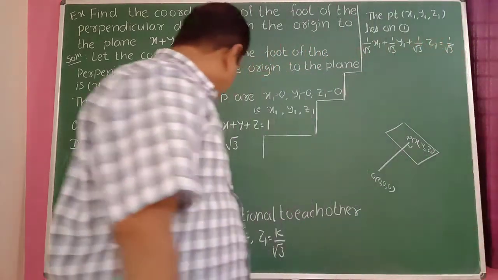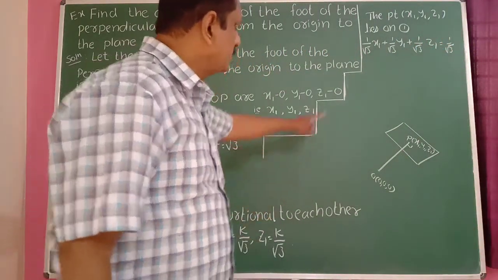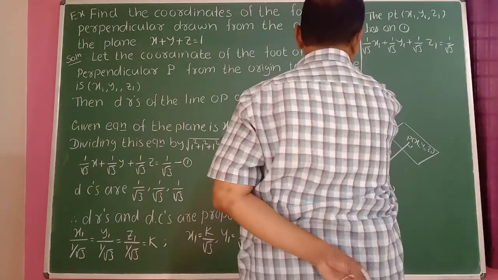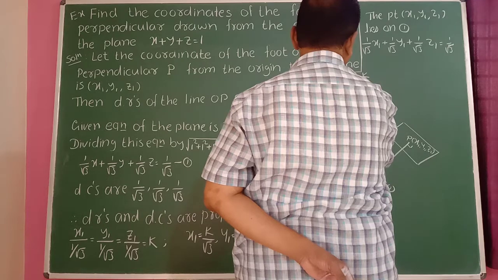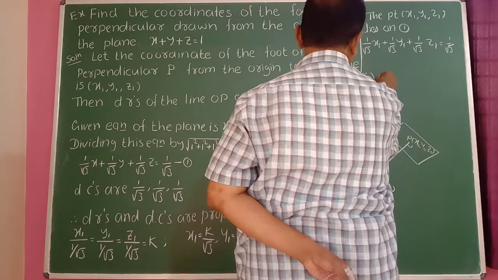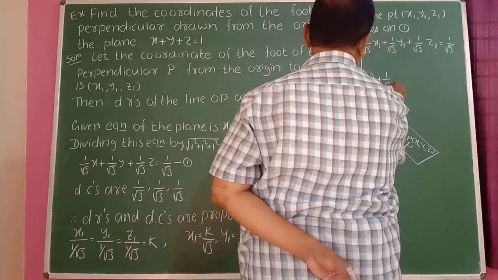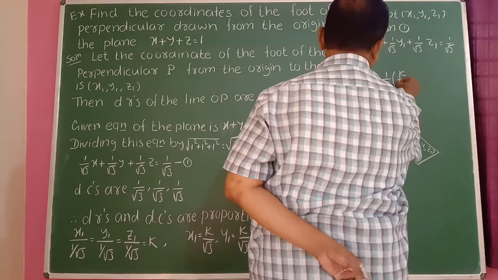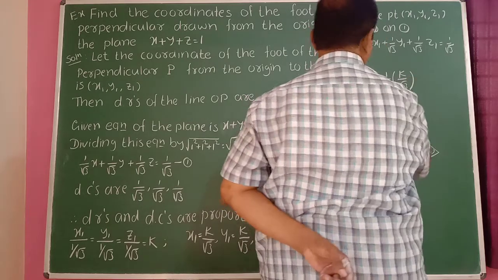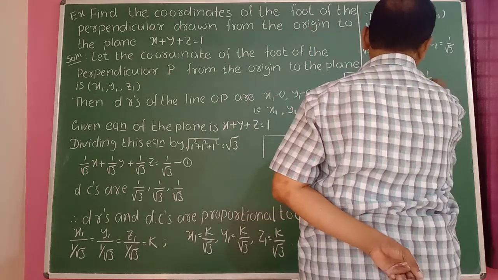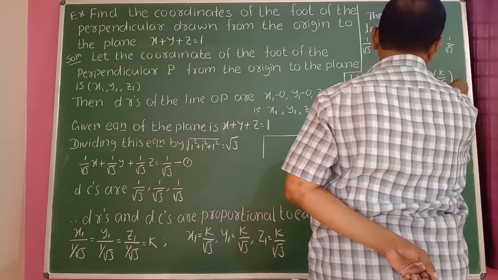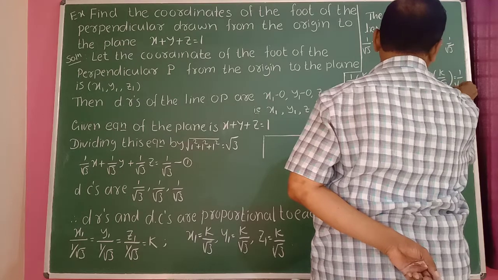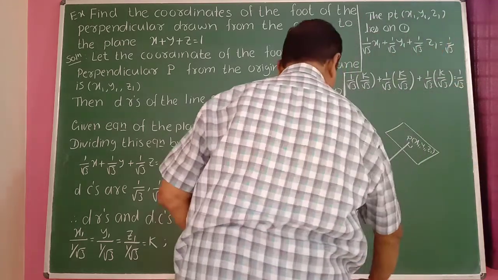But x1, y1, z1 are each k divided by root 3, so we use that here: 1 upon root 3 into k divided by root 3 plus 1 upon root 3 into k divided by root 3 plus 1 upon root 3 into k divided by root 3 is equal to 1 divided by root 3.